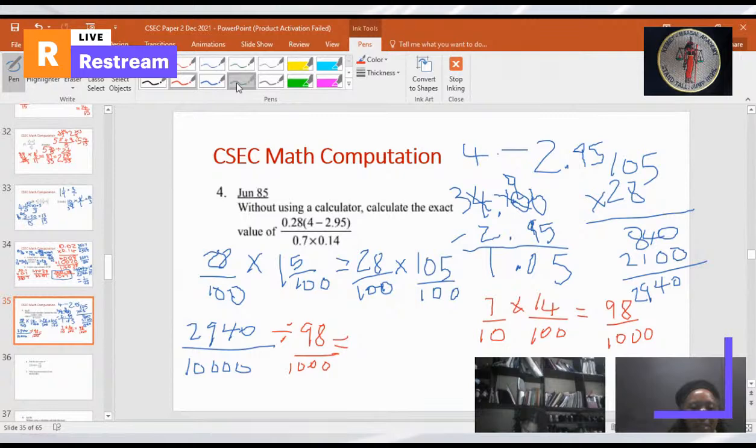So now we're going to invert. So we have 2940 over the 10,000 times 1,098.